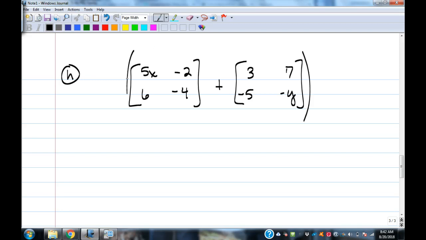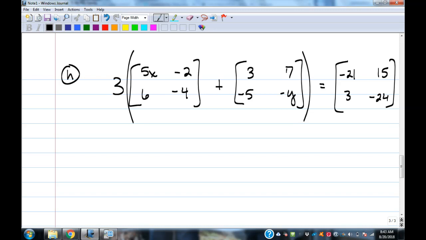But then they put big parentheses around that addition of those two matrices and put a 3 out there. So that steps it up a notch.